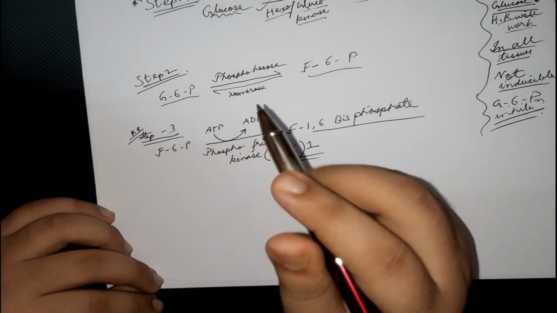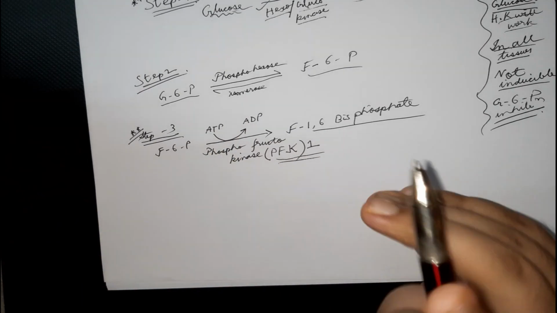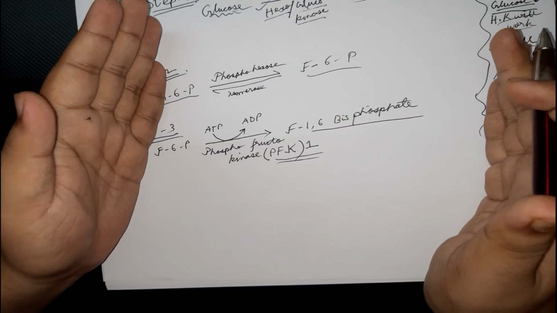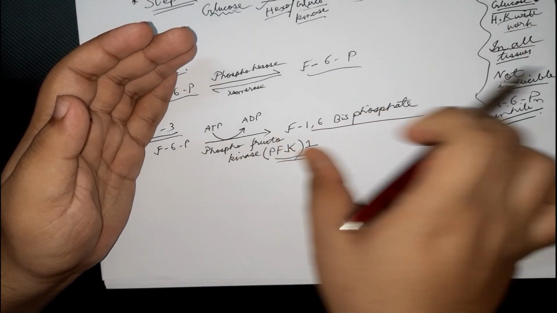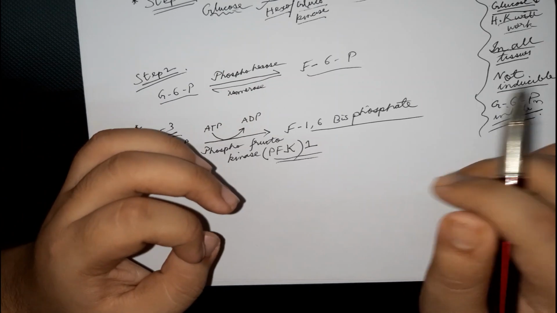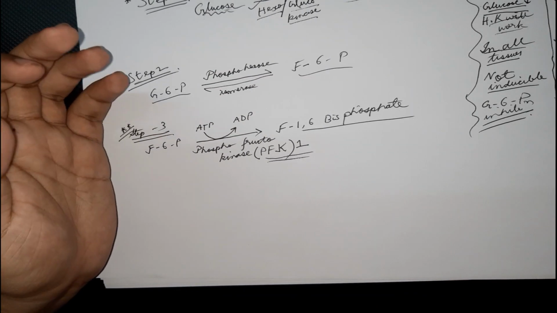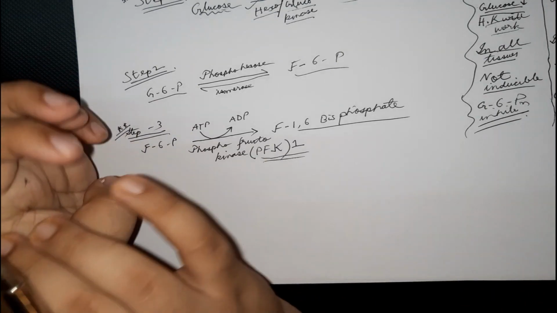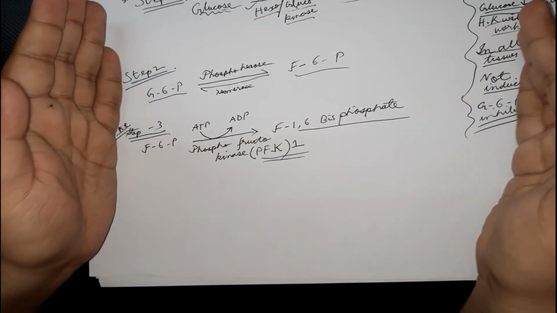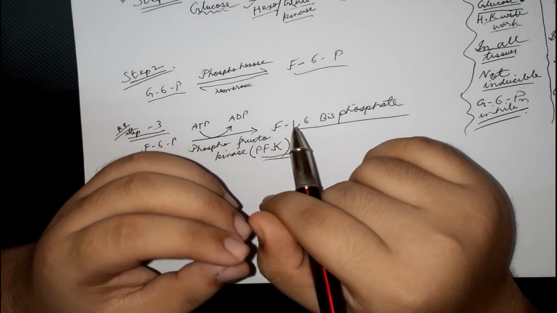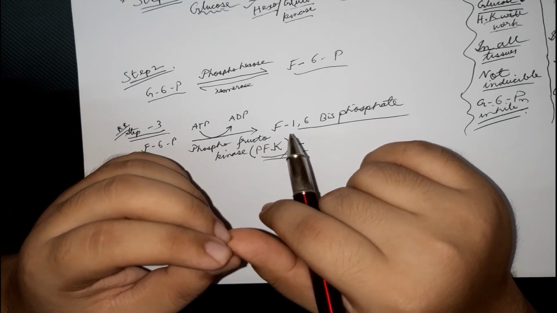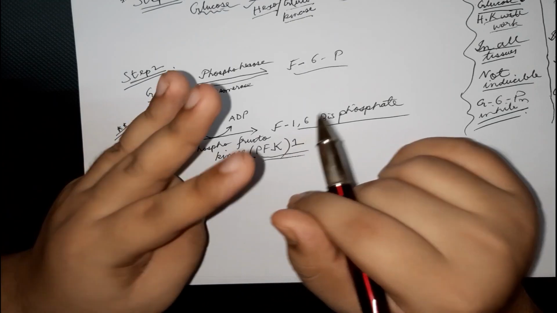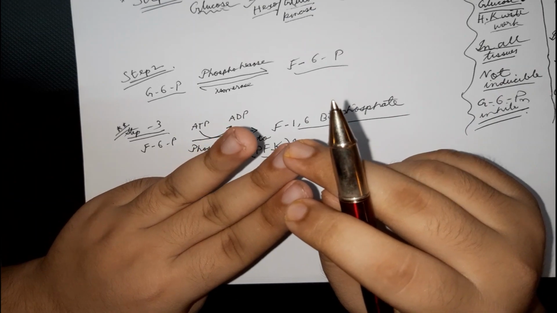See, whenever there is an irreversible step in a particular pathway, we say that those irreversible steps are the rate determining or rate limiting steps. So a rate limiting step of a particular pathway is considered the most important step, and glycolysis has 3 rate limiting steps.